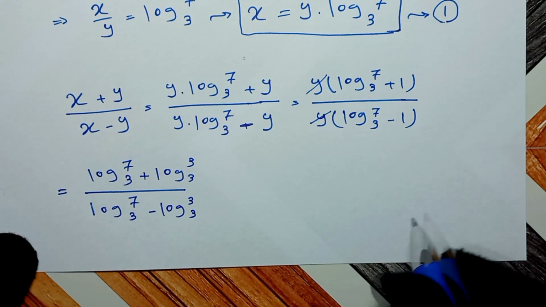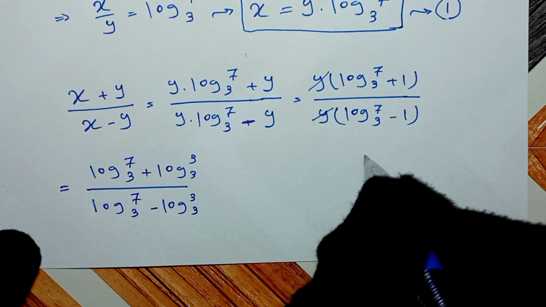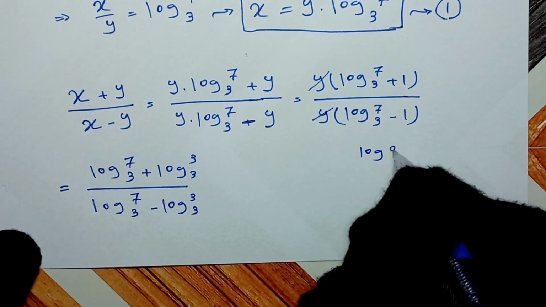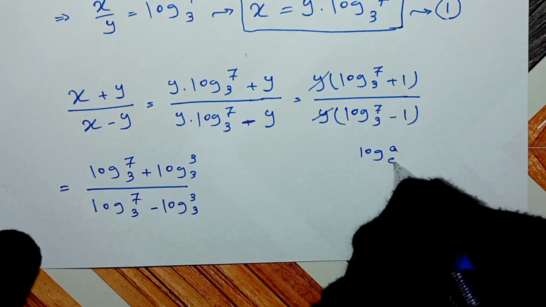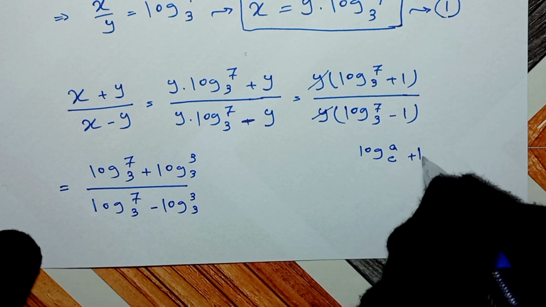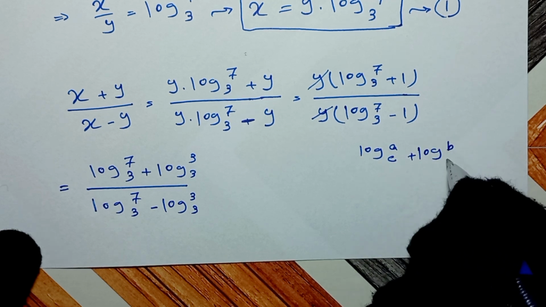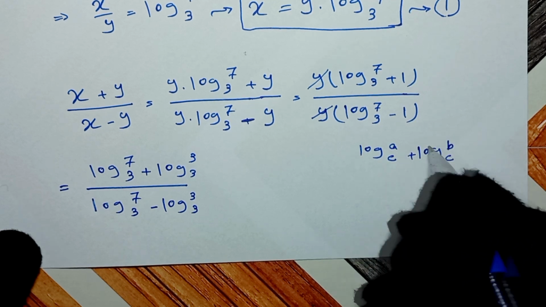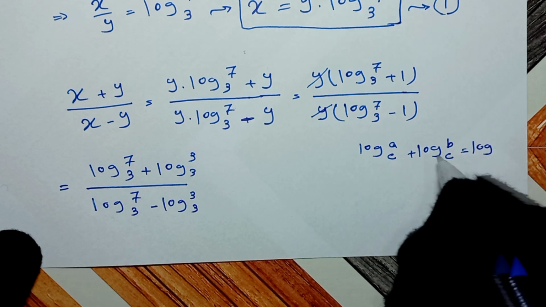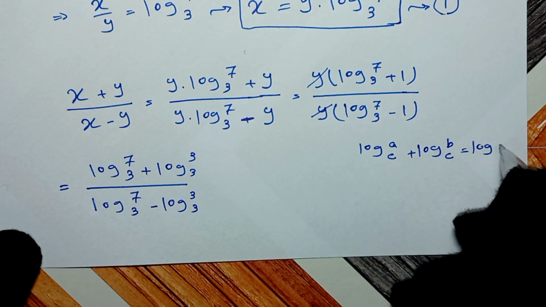From log rules, if we have log of a to base c plus log of b to base c, we can write this as log of a times b, ab to base c.